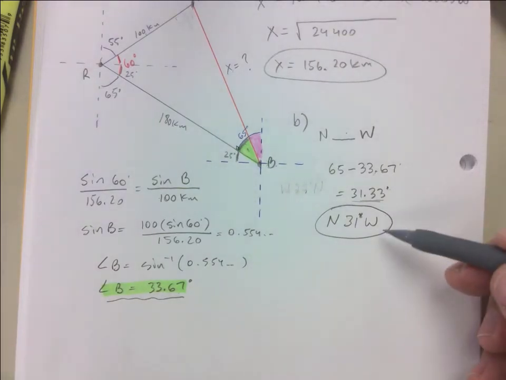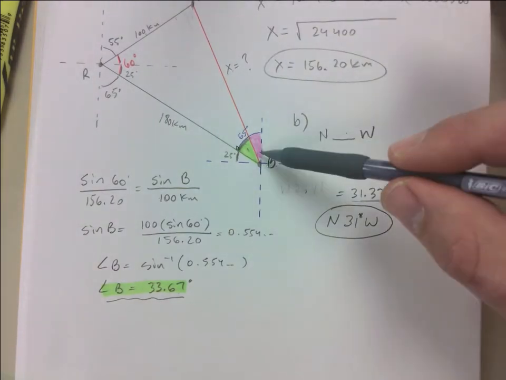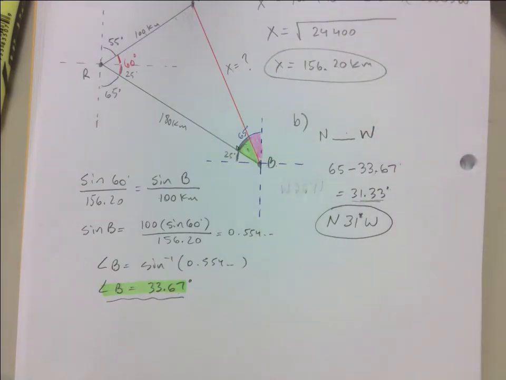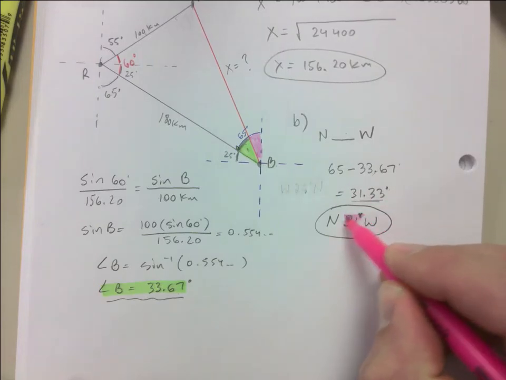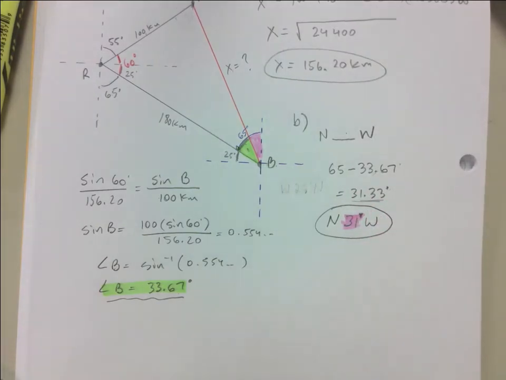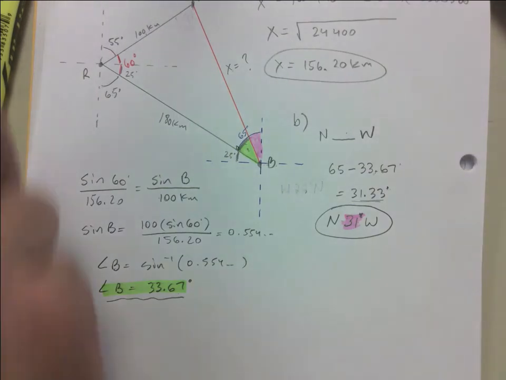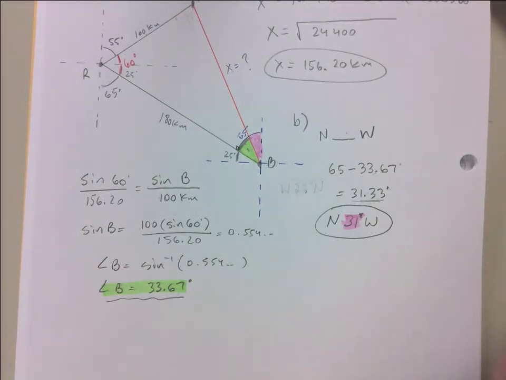But that would be the compass direction, right? And this is 31 right here. That pink angle that I found, that's really 31 there. So that's how I came up with my compass direction there. This is really getting you to think about these questions and what can I utilize to help me out. Okay. All right, I'm going to stop there.